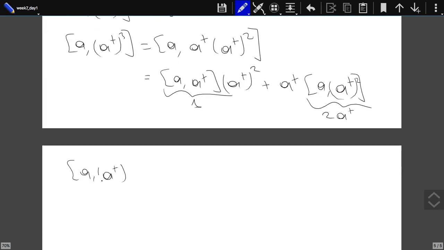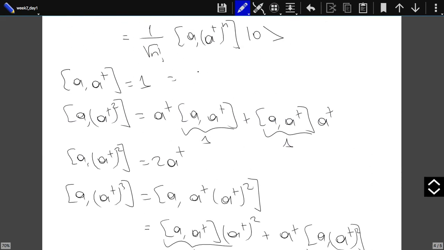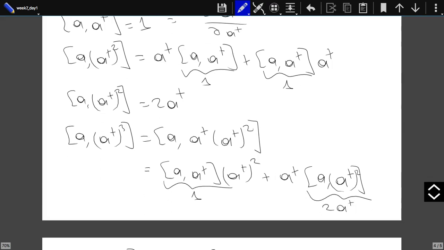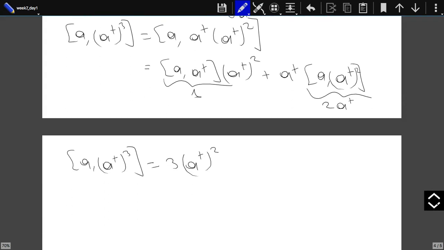So the commutator with a dagger cubed is just 3 a dagger squared. Do you see some kind of a pattern? Well, you see, if you start from the first one, this is nothing but the derivative of a dagger with respect to a dagger. This is the derivative of a dagger squared with respect to a dagger. This is the derivative of a dagger cubed with respect to a dagger.